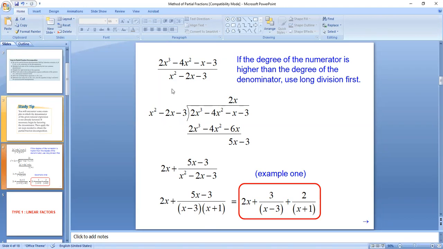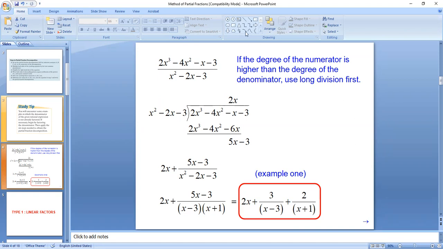So your original rational expression, just imagine that you have here the integral sign and the dx here, is now simplified into this form, 2x. This one you can readily integrate. This and this, which you can as well integrate.